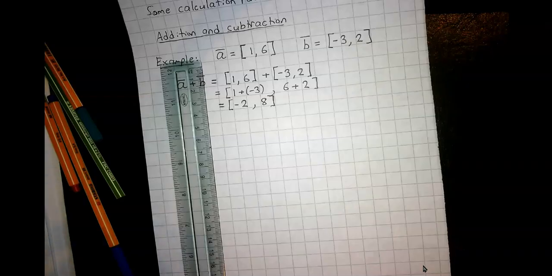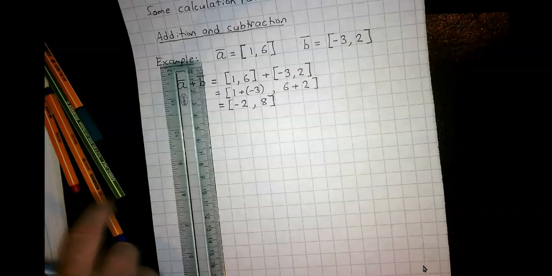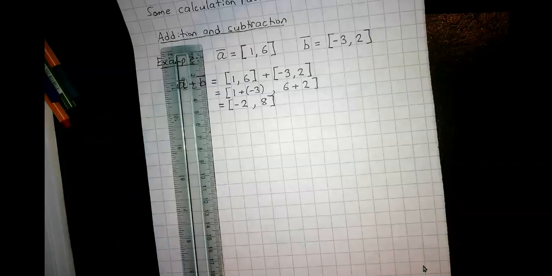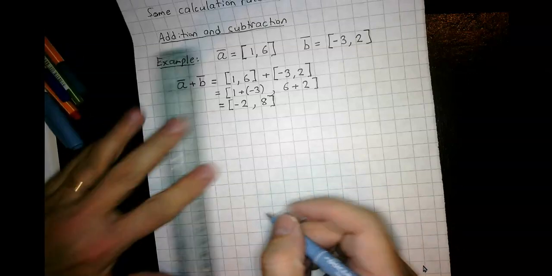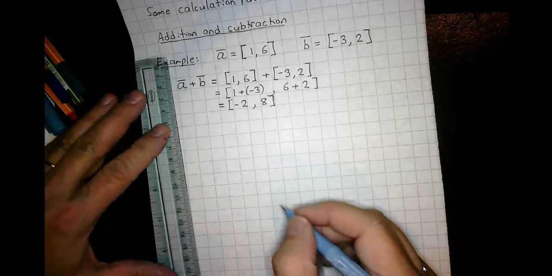But in the beginning of this course, it is many times useful to draw pictures to see the rules, are they reasonable? Do you accept those rules? And when you are using pictures, you may many times understand that the rules are okay. These rules are okay. And now I will draw these vectors.